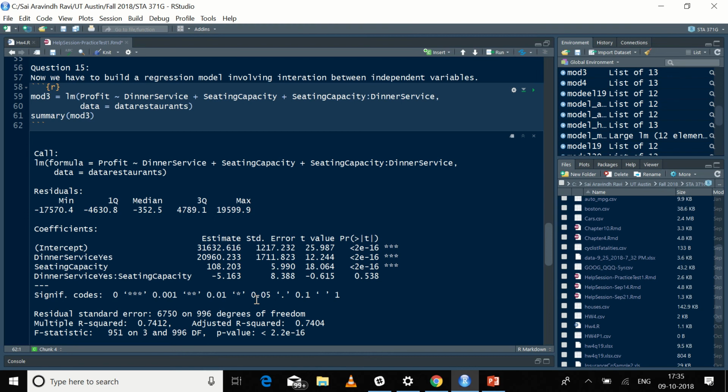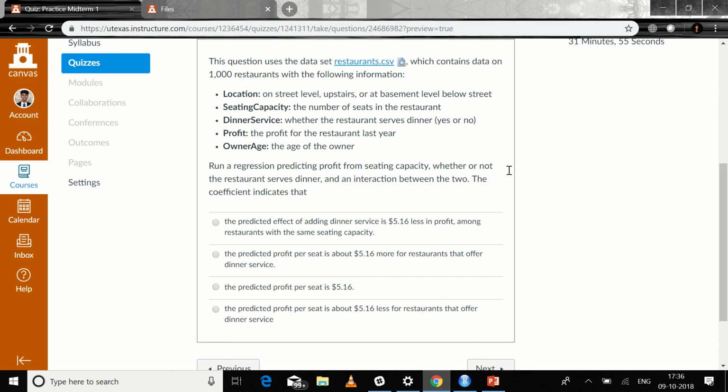All right. So how do you interpret this minus 5.163? Anyone? The first option says the predicted effect of adding dinner service is $5.16 less in profit among restaurants with the same seating capacity. Is that right?